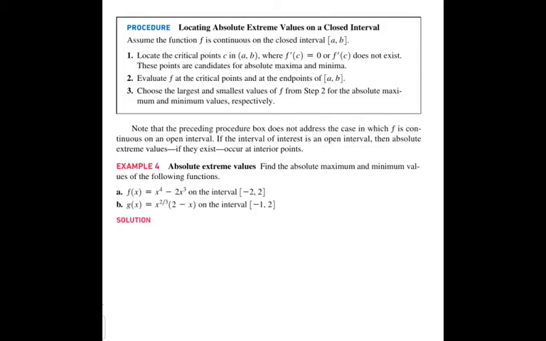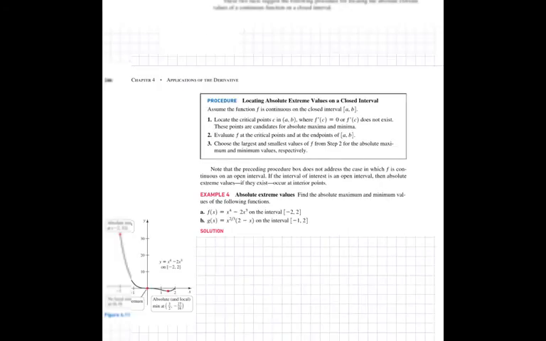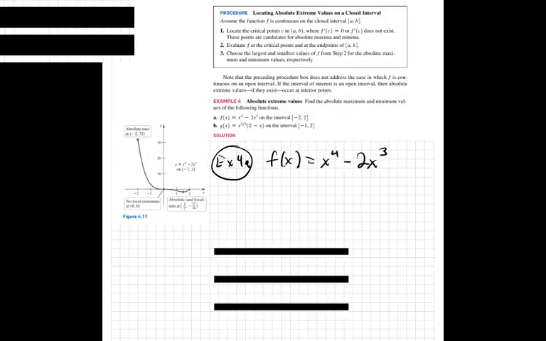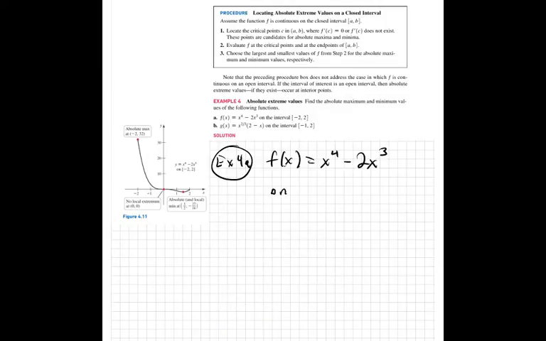We should be able to do this. So for example 4a, we have f of x equals x to the 4 minus 2x cubed. Find the extrema on the interval negative 2 to 2.